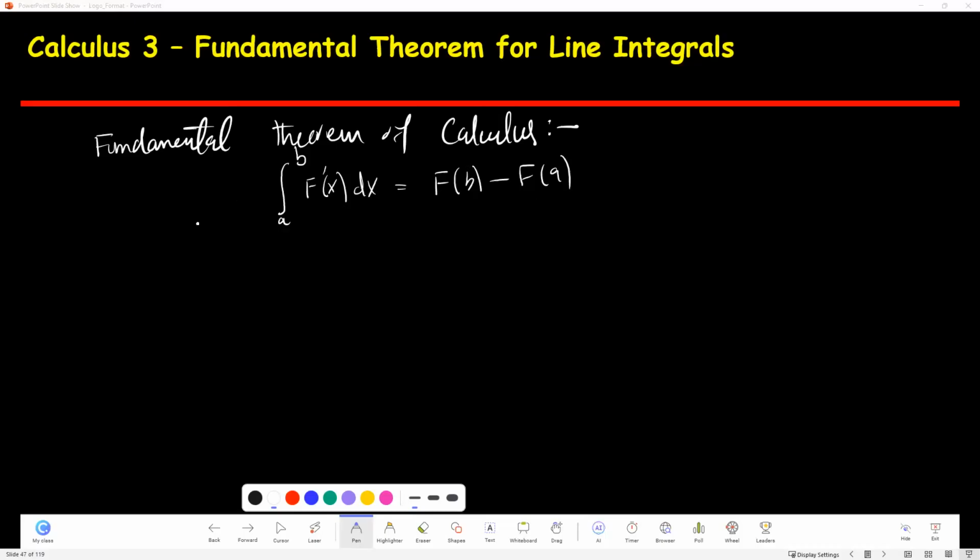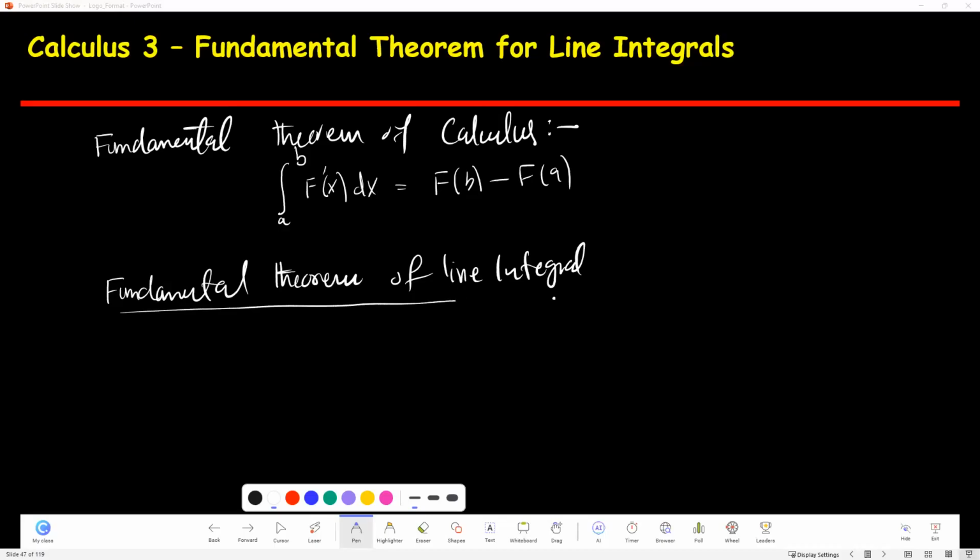So suppose you are talking about the fundamental theorem of line integrals. It is going to follow the same methodology. The only difference is that you are going to write a few things.